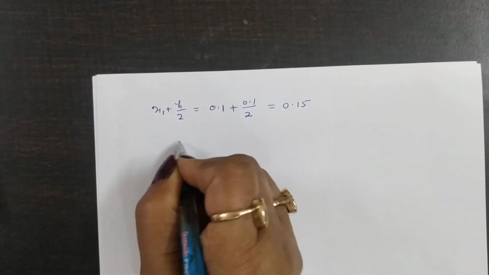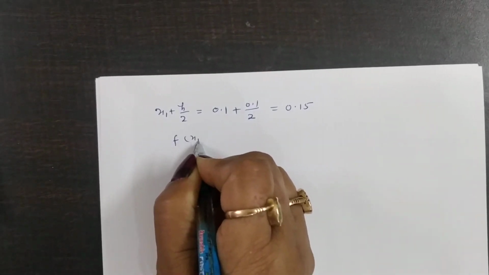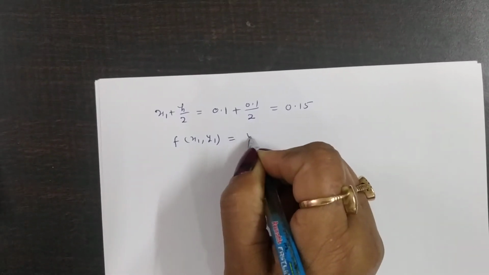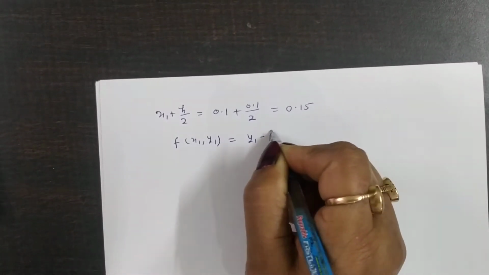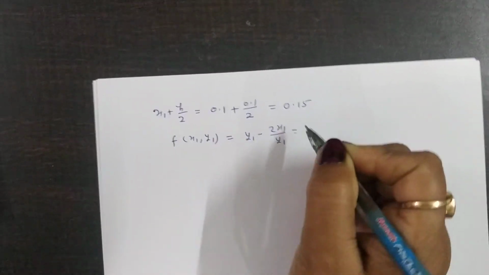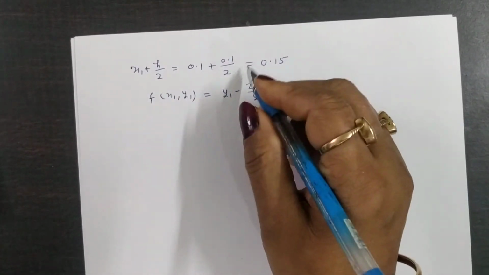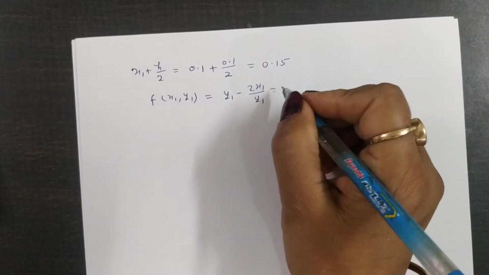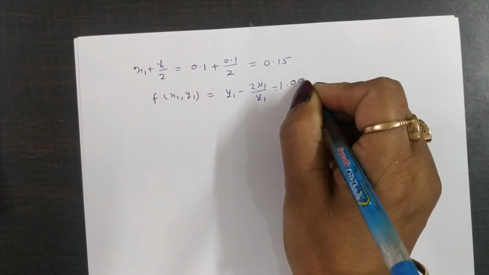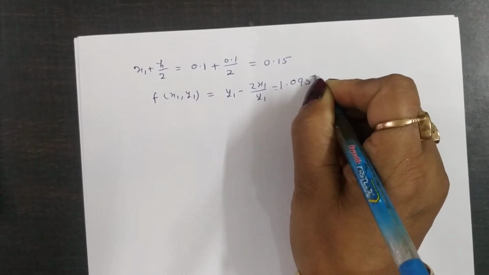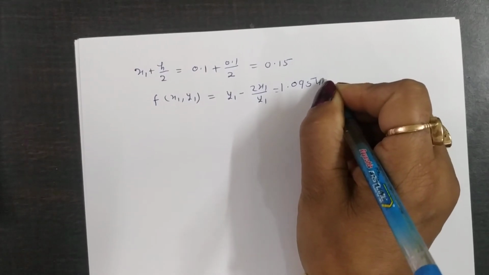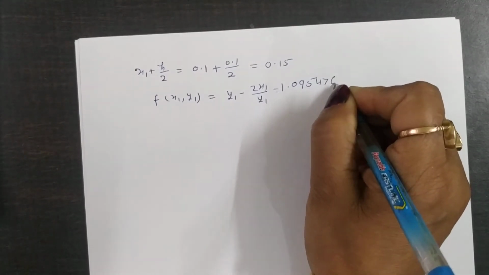And similarly f of x1 y1 is equal to y1 minus 2x1 divided by y1. From the calculator you can substitute these values and get 1.0954762.